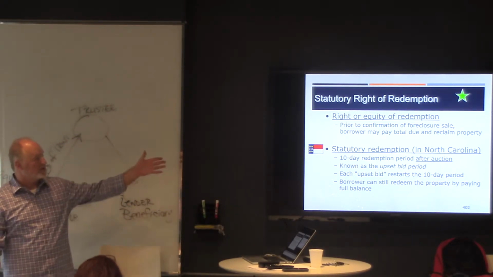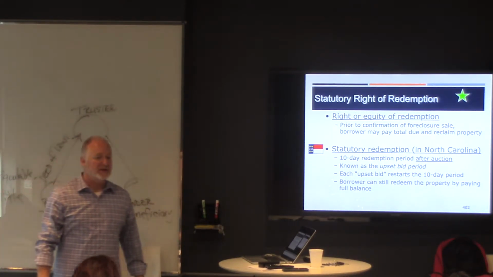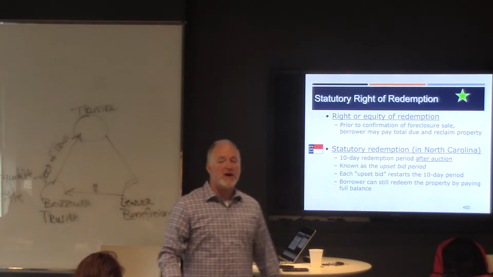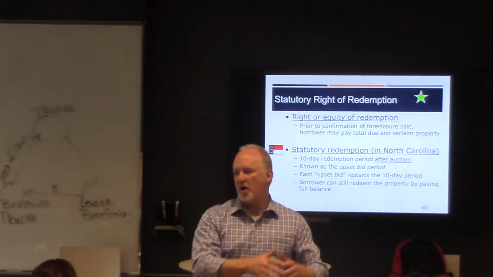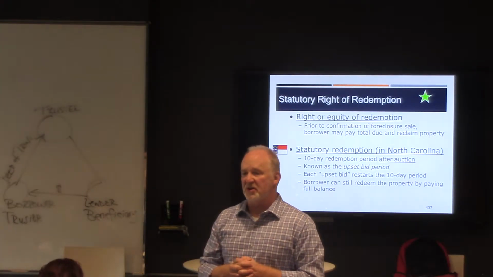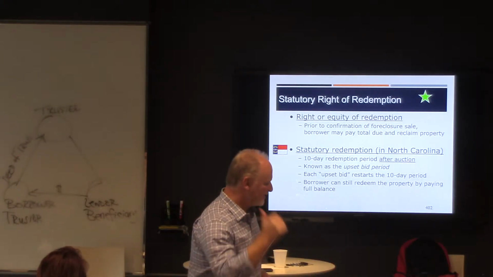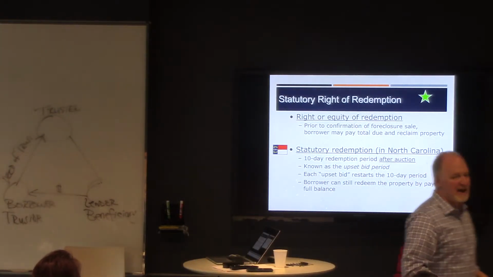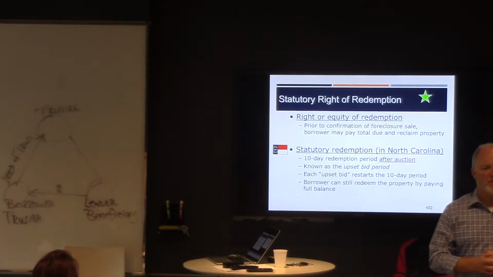It's what's known as the statutory redemption period. Okay? So here's the deal. Melissa, you're an investor. The gavel just went down on the foreclosure sale. She won the deal at $180,000. But she can't close today. She must wait at least how many days do you think? 10 days. There is a 10-day upset bid period under statutory right of redemption.